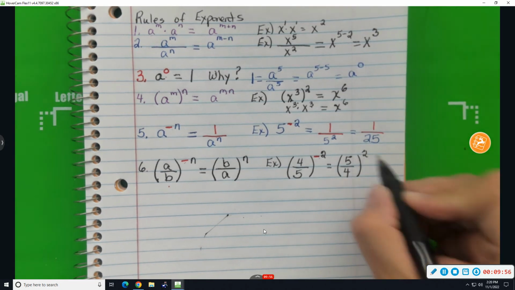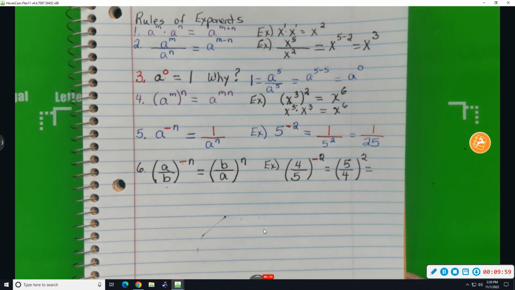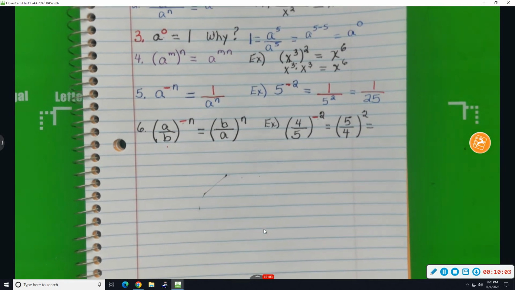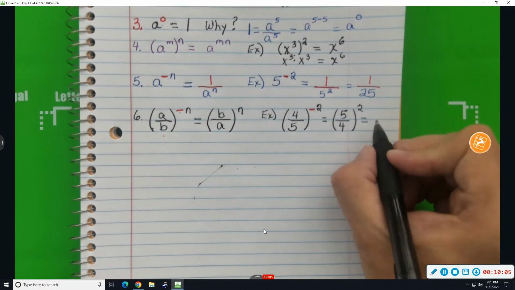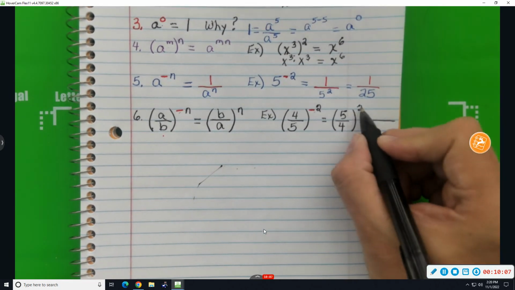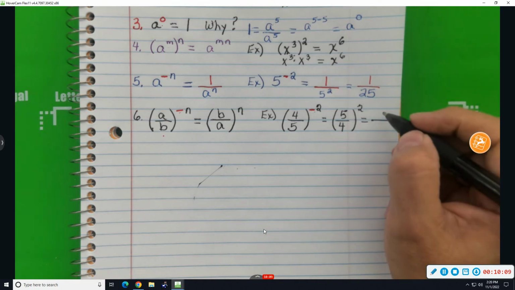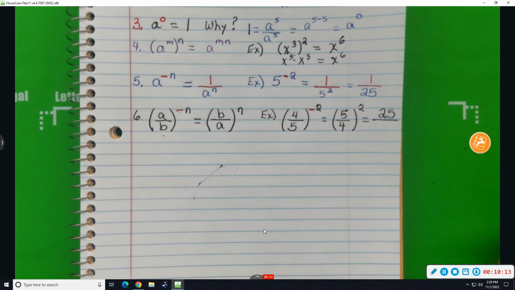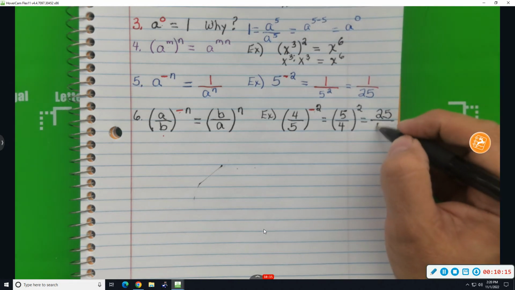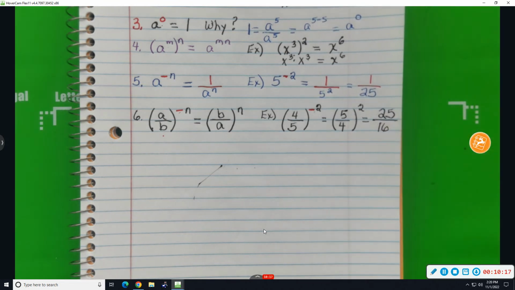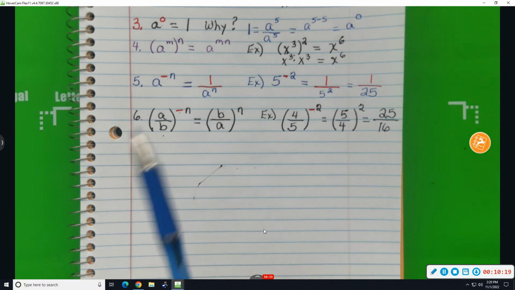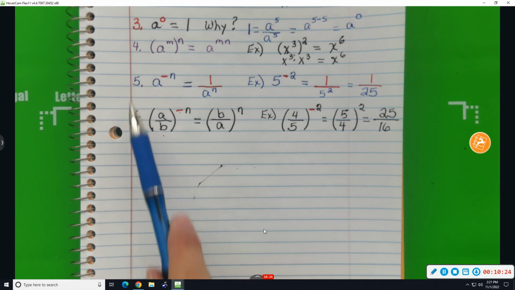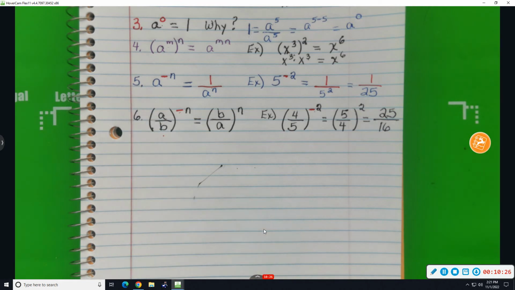So it's now 5 over 4 to the 2 power, which we can simplify just by squaring the 5 and squaring the 4. What would that be? 25 over 16? We'll have several homework problems involving those two rules, negative exponents.